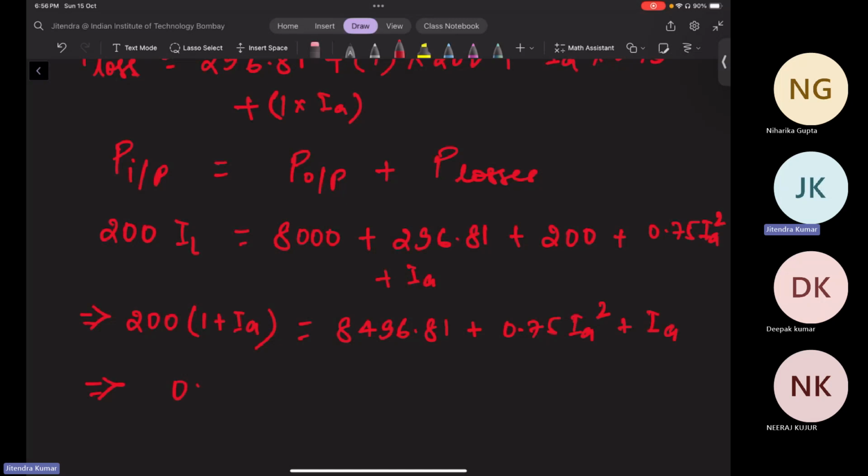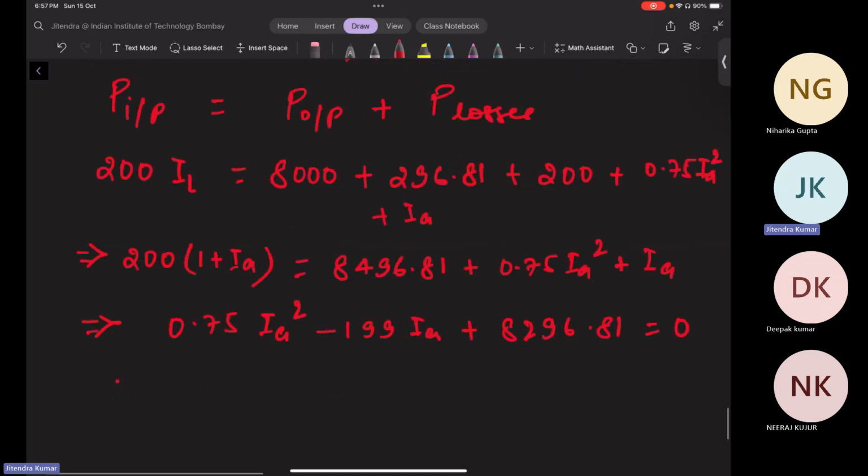So if I make a quadratic equation, it will be plus I_A minus 200 I_A, so minus 199 I_A, plus 8496.81 minus 200, it will be 8296.81 is equal to 0. Now we just have to calculate the value of I_A.